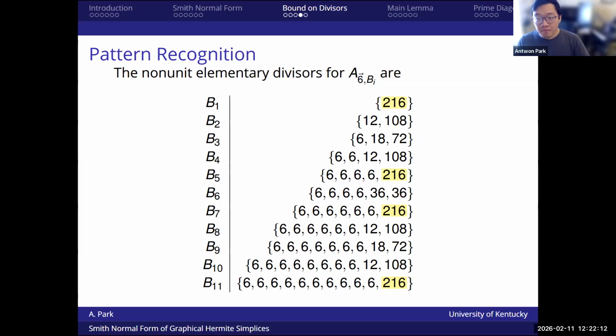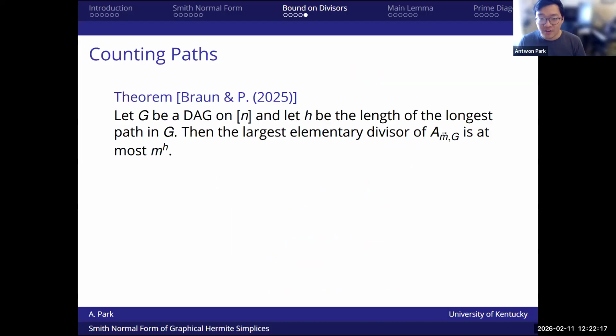And the theorem that we were able to prove regarding these elementary divisors is that if you have a DAG G and you let H be the length of the longest path in G, the largest elementary divisor is bounded by m to the h.